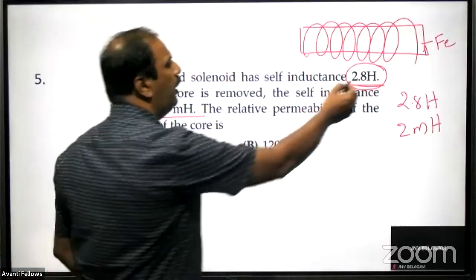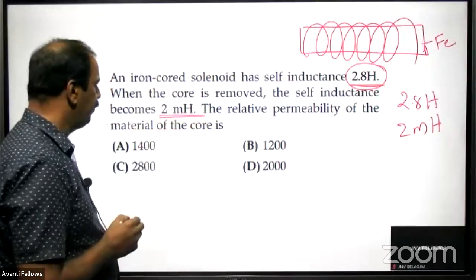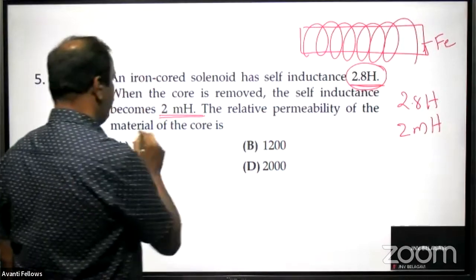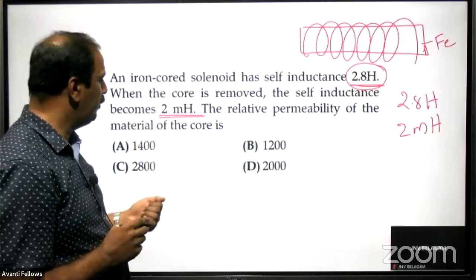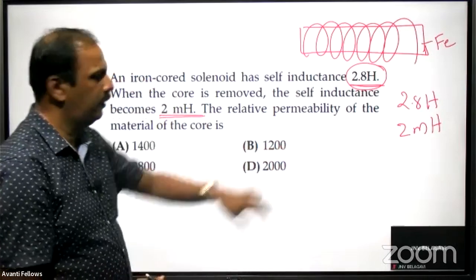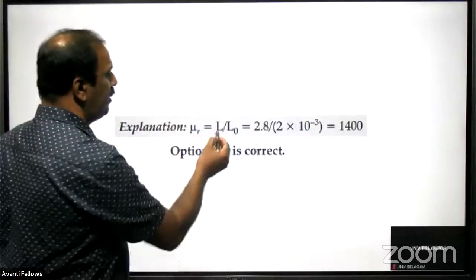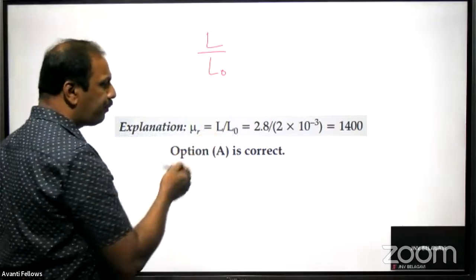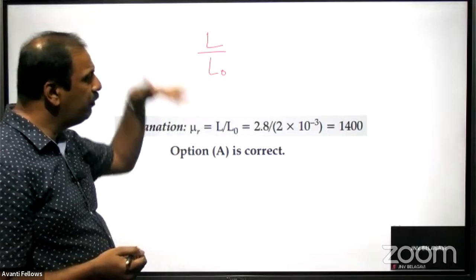So from 2.8 Henry, it is reducing to 2 millihenry. Now the question is the relative permeability of the material of the core. So you have to find out the relative permeability of this material. What can we do here? See, the situation is L by L0, where L is the inductance with the material and L0 is without the material.